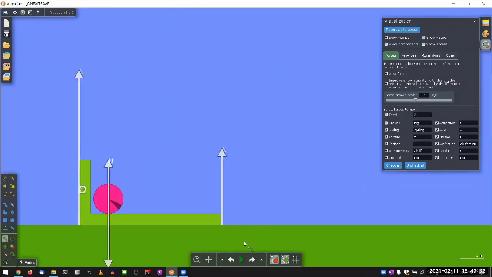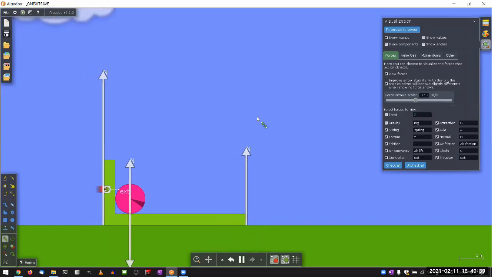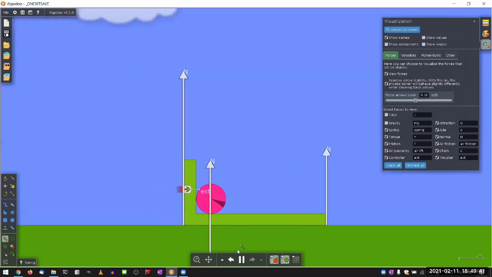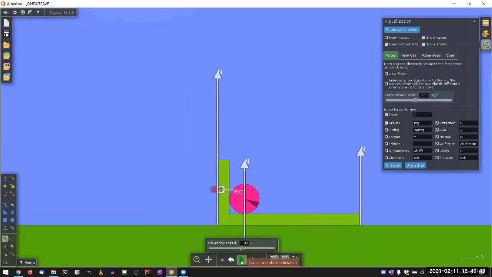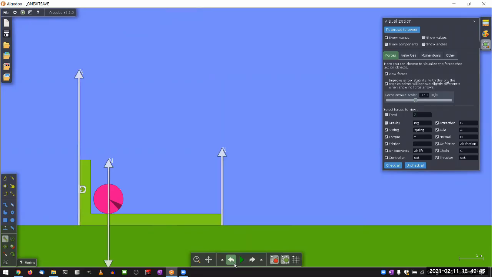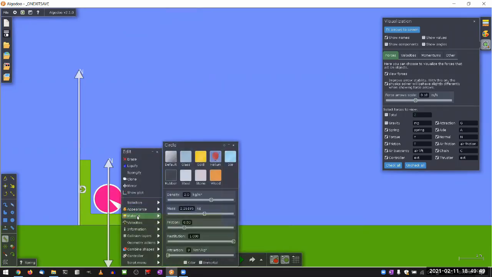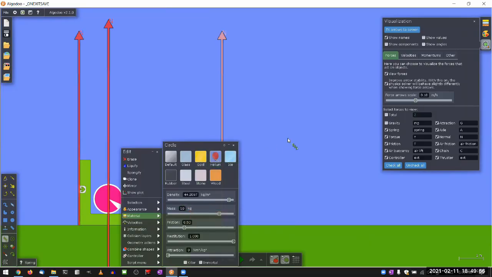I might have to change some of the scale because that scale is tiny. So this is what I'm going to do. I'm going to make the passenger super heavy because that's going to make the required force pretty large.